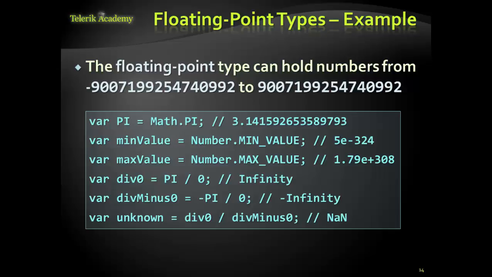I think it's supposed to be p, by the way. We have the minimum value that JavaScript can produce and the maximum value. We have also values like infinity and minus infinity, and those can be also used in your code. You can use the word infinity as a keyword.